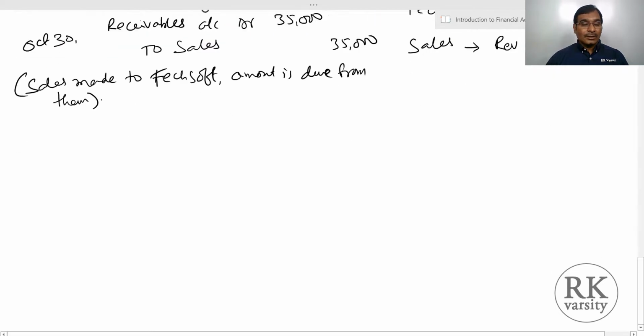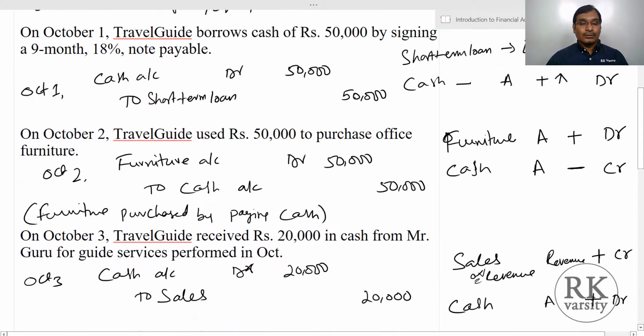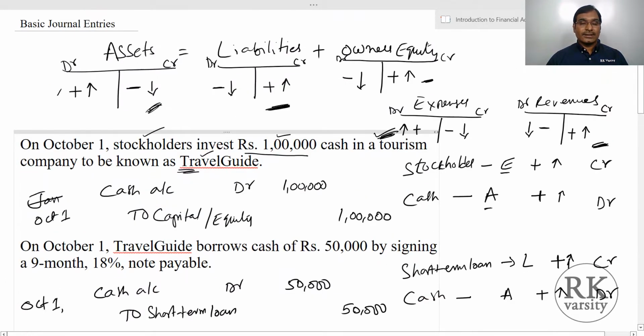Now this is how you have to generalize your transactions. While generalizing the transactions, first identify the two accounts in each transaction. There may be a minimum of 2 accounts, there may be 3 or 4 accounts also, but you have to identify the minimum 2 or more accounts involved in the transaction.